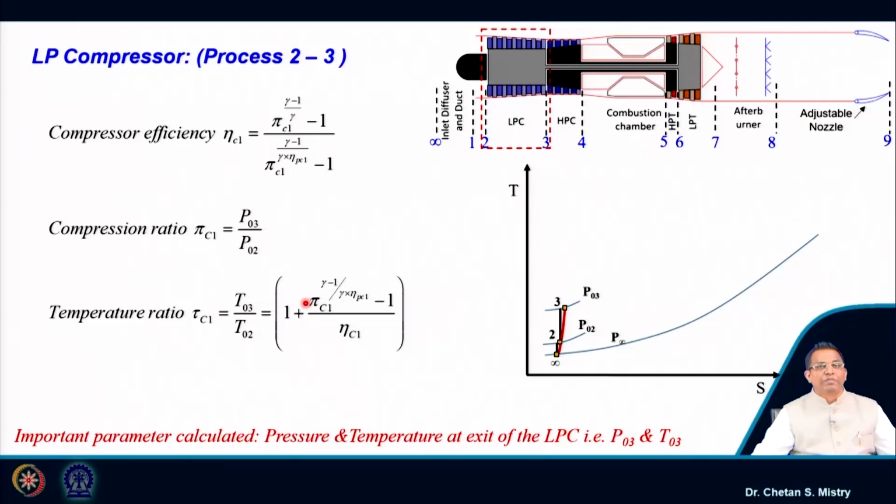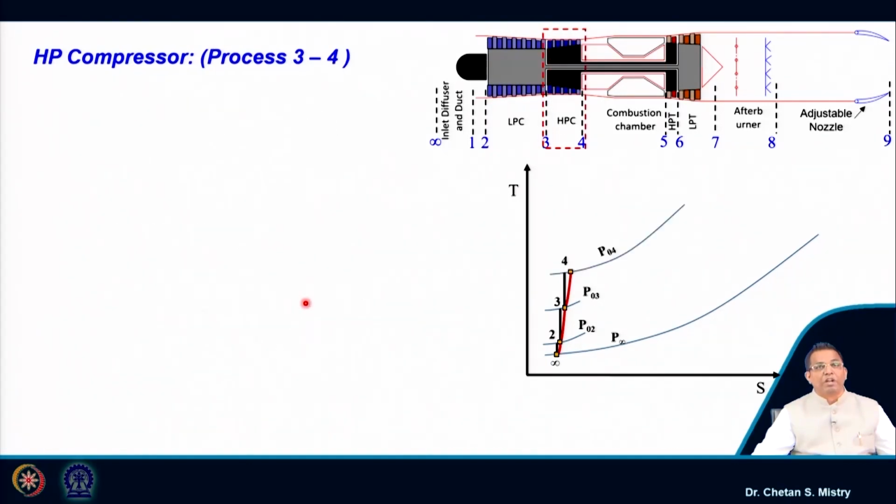Now, once we have information about the exit from my LP compressor, that will be the input parameter for my HP compressor. So, let us discuss the HP compressor. For the HP compressor also we can write down the efficiency correlation as we have written for our LP compressor.